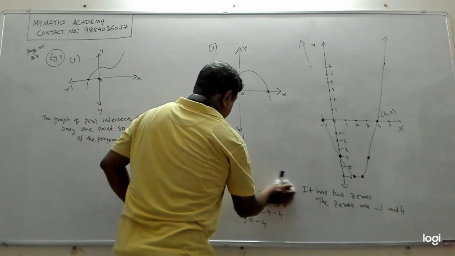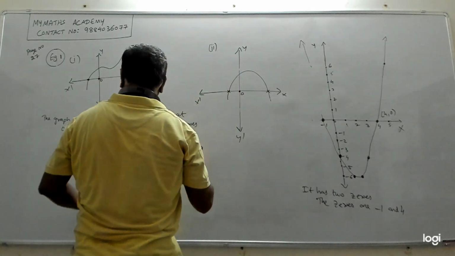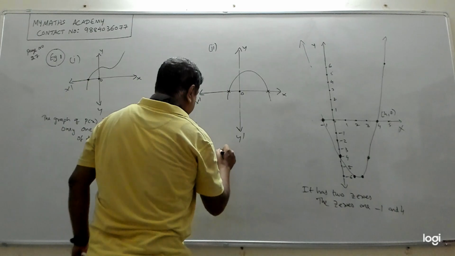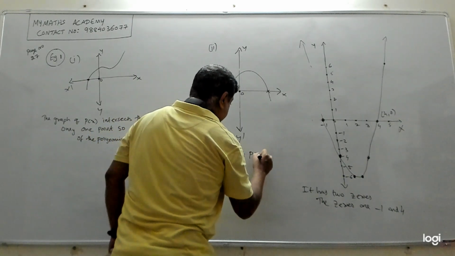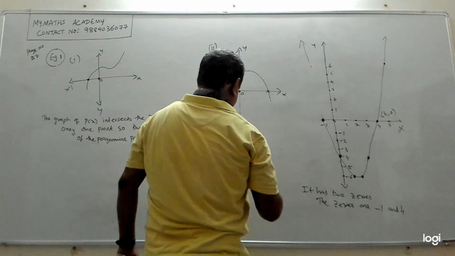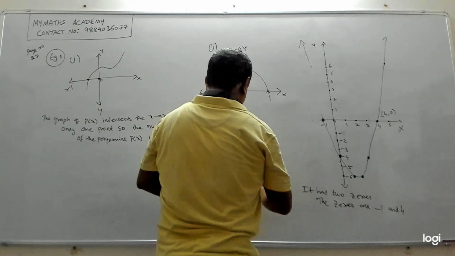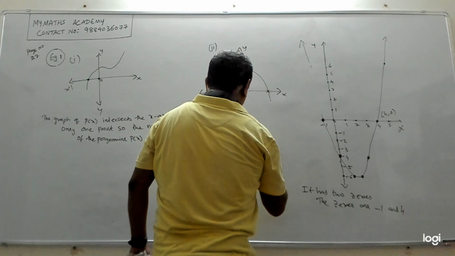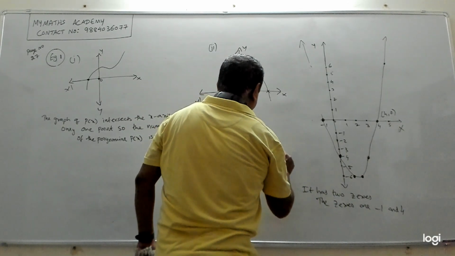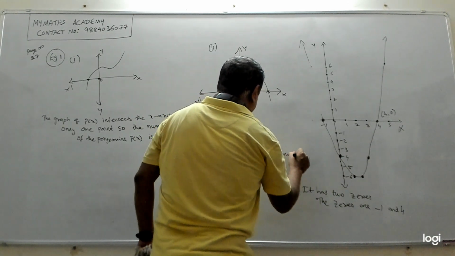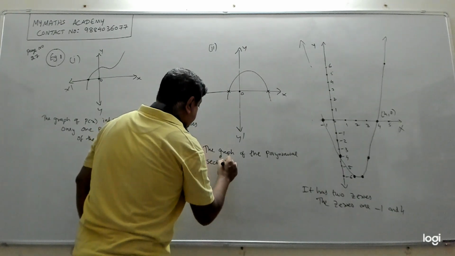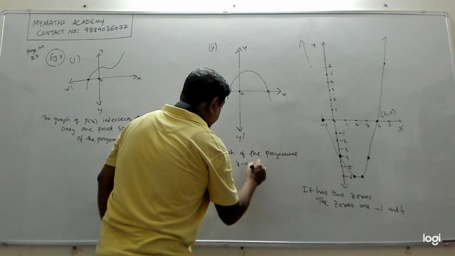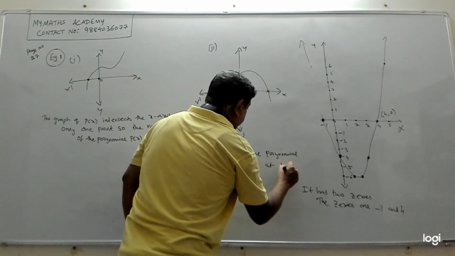So we will say the graph of P of x, or the graph of the polynomial, whatever, intersects the x-axis at 2 points.